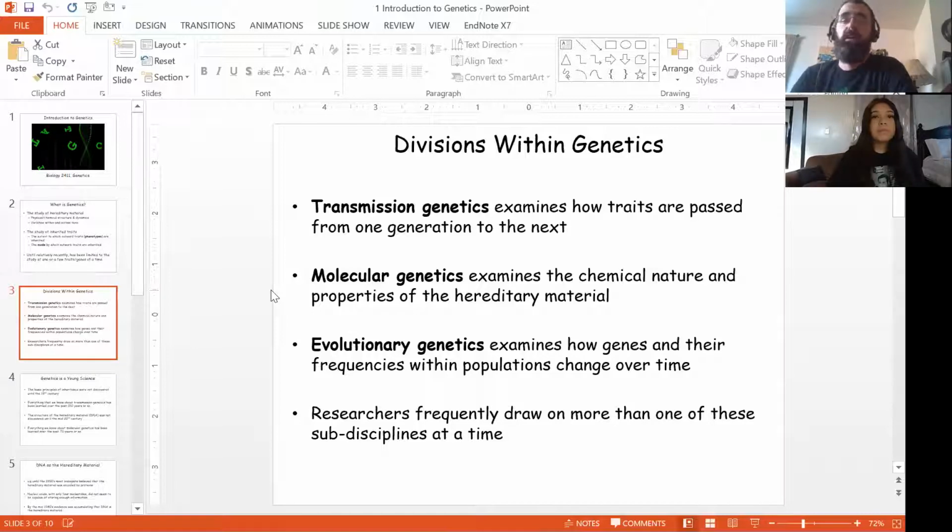Just the same as biologists will divide up biology into different fields, botany, developmental biology, ecology, things like that. It just makes it a little bit easier to get a grasp on it rather than just calling it all biology. Right, so really transmission genetics is what we call Mendelian genetics.